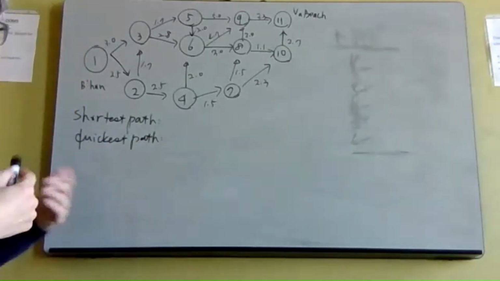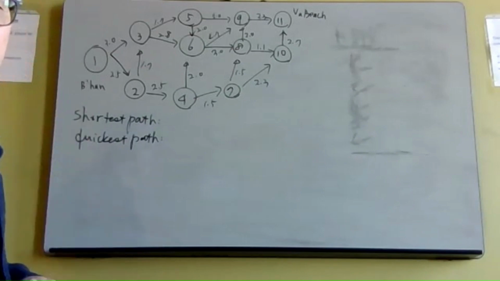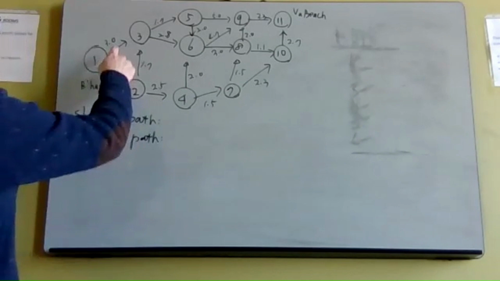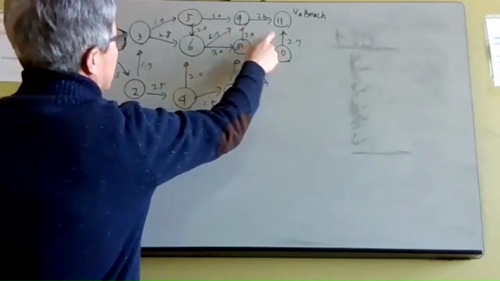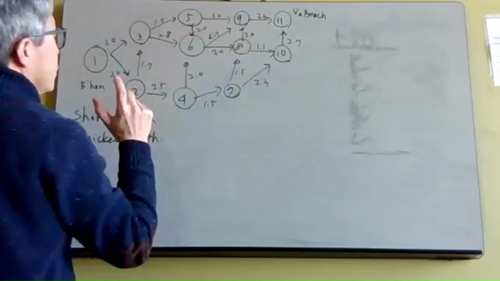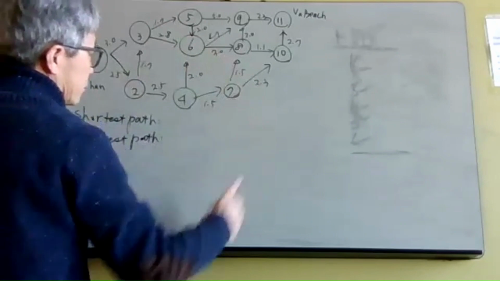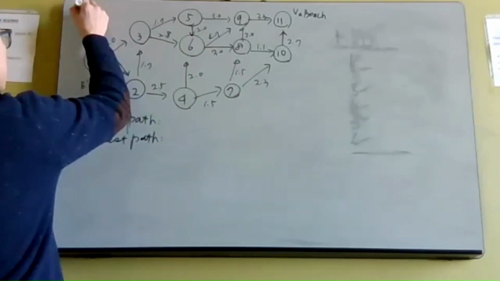First thing is we need to find the decision variables, right? As we had discussed, each arc represents a decision variable. So the number of decision variables is actually the number of arcs in this graph. Actually, this graph is a simplified network.